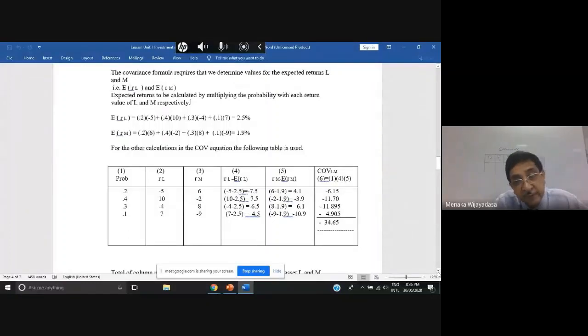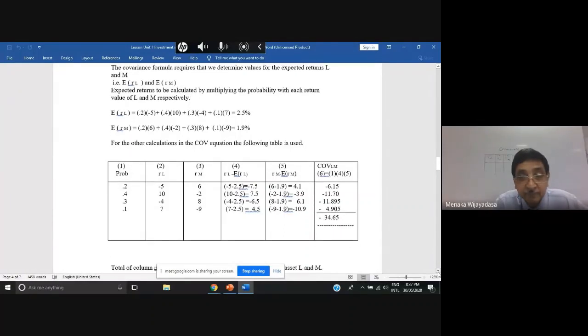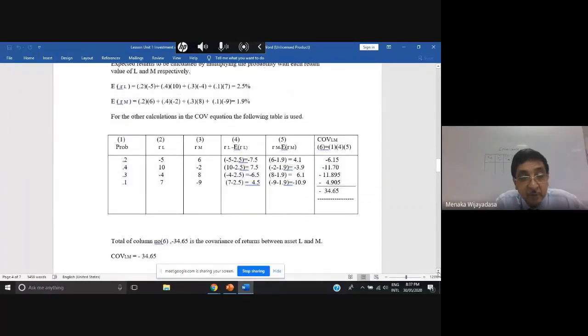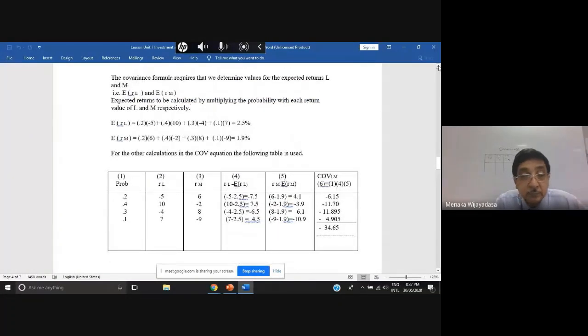If you have any questions, you can ask now with regard to the covariance calculations. There are four problems given, and you can practice yourself with those problems. So let me get your feedback. Are you okay with the explanation of this covariance calculation?